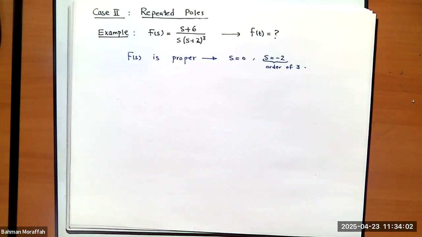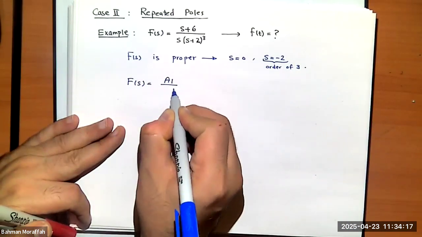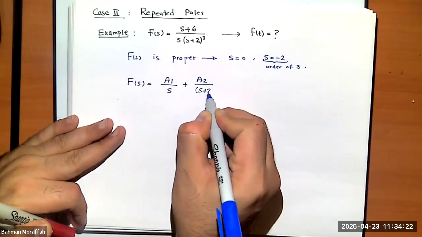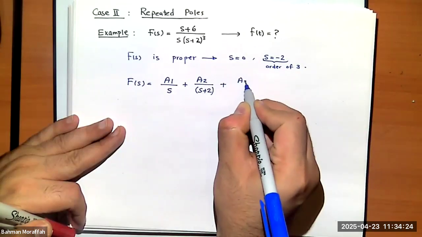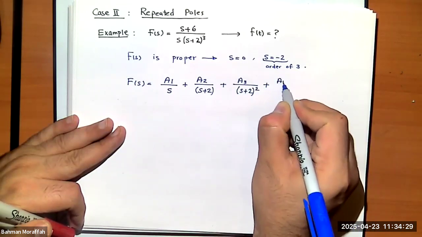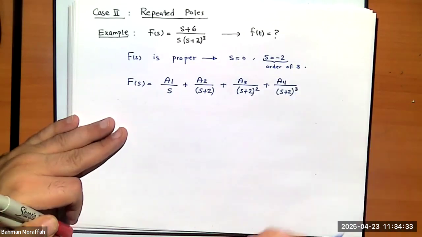Obviously, if I wanted to compare this, I'm going to have all the multiplications of (s + 2) up to the power of 3. So if I decompose it, F(s) will look like A1 divided by s, plus A2 divided by (s + 2), plus A3 divided by (s + 2) to the power of 2, plus A4 divided by (s + 2) to the power of 3.